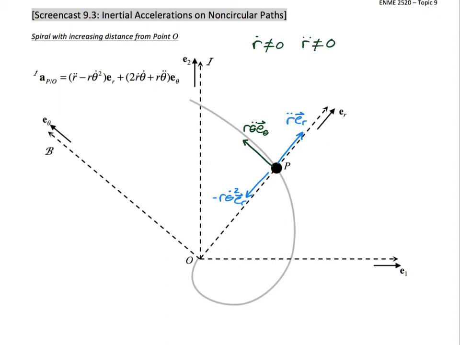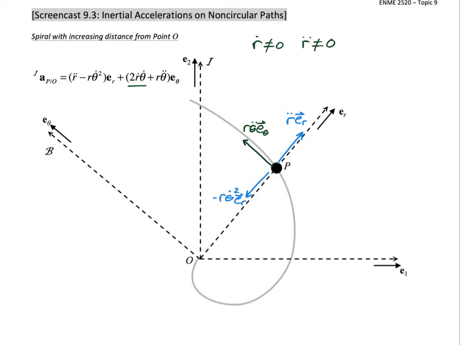All right, now we still haven't dealt with this 2 r dot theta dot, which is the strangest term out of all of these components. This is called a Coriolis acceleration. We're going to start out by dealing with this just at face value and then develop some intuition about what this feels like, what this means, a little bit later.